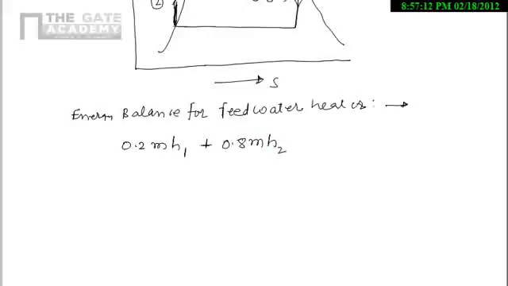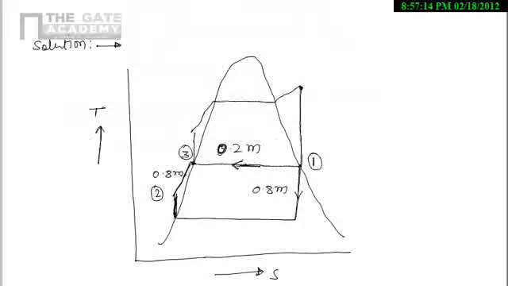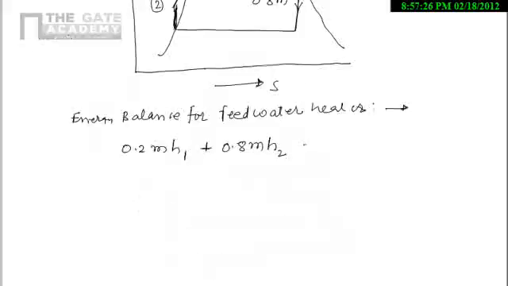After mixing, the water leaves the feed water heater at stage 3 at enthalpy H3. So I can write it equals m H3. Simplifying, 0.2 H1 plus 0.8 H2 equals H3.